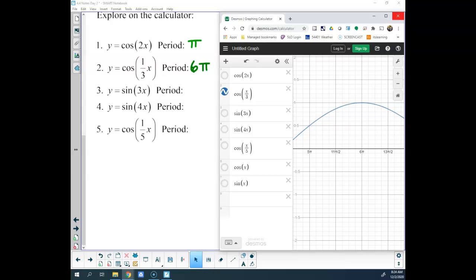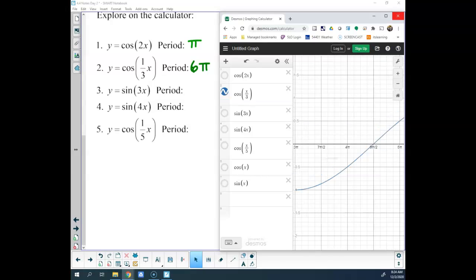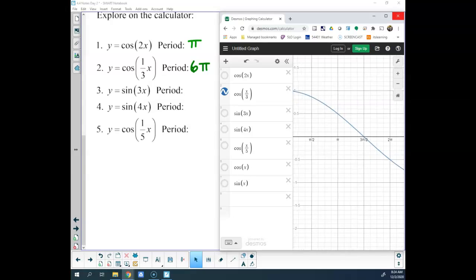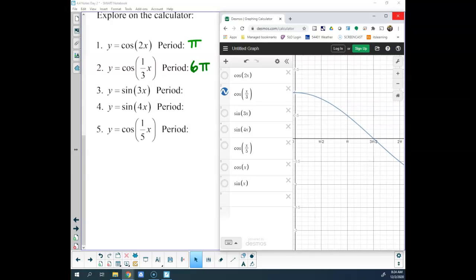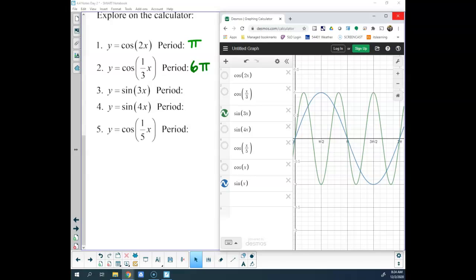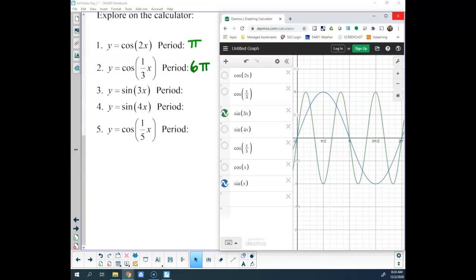Okay. Sine of 3x. Sine starts in the middle. Regular sine is the blue curve here that you see now. It starts in the middle, goes high, comes back to low. Well, sine of 3x makes how many waves in 2 pi?